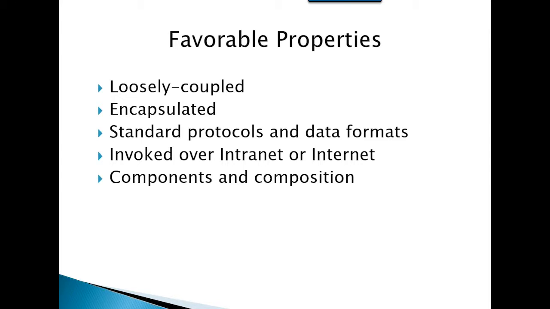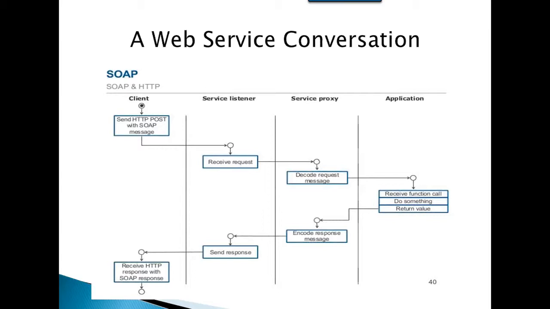Next slide, please. So, a typical web service conversation. A typical web service, using SOAP here in this case over HTTP. You have a client, you have a service listener, and behind the scenes maybe a proxy, and then an application. That client is sending a SOAP message, which is being received and decoded, and something is being done.